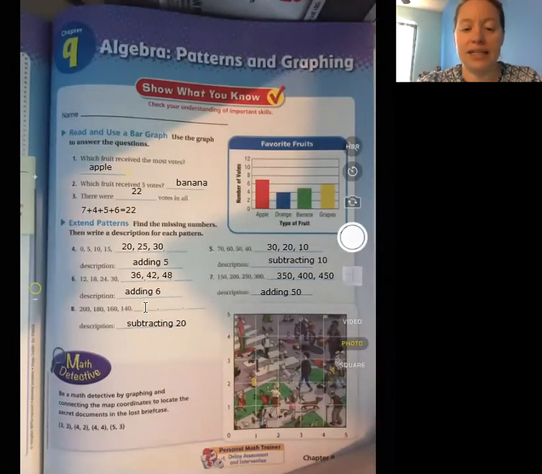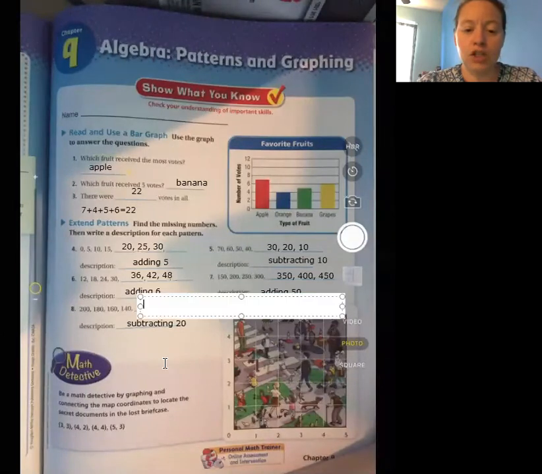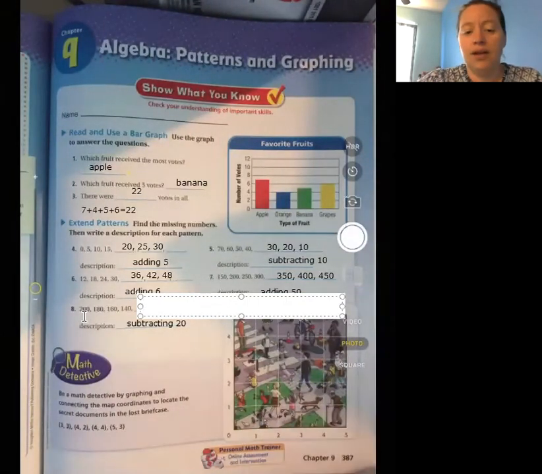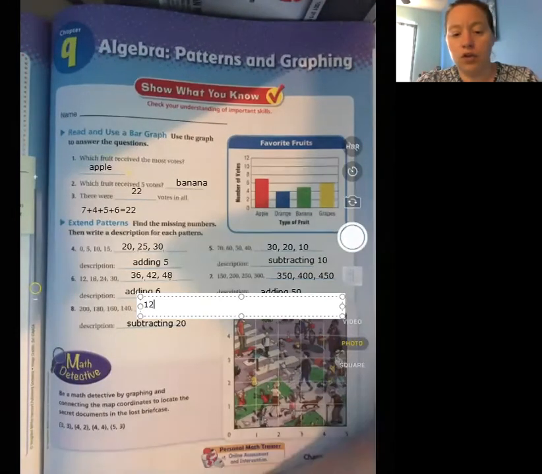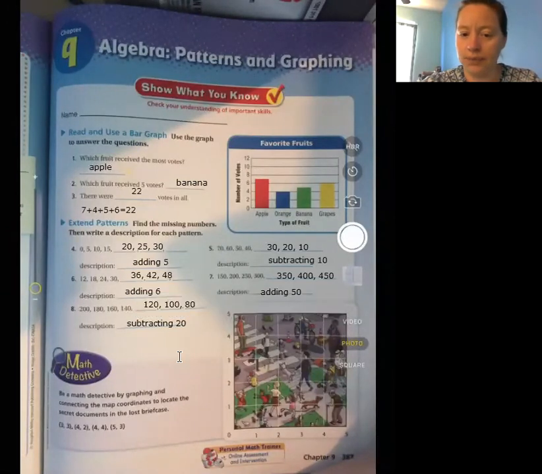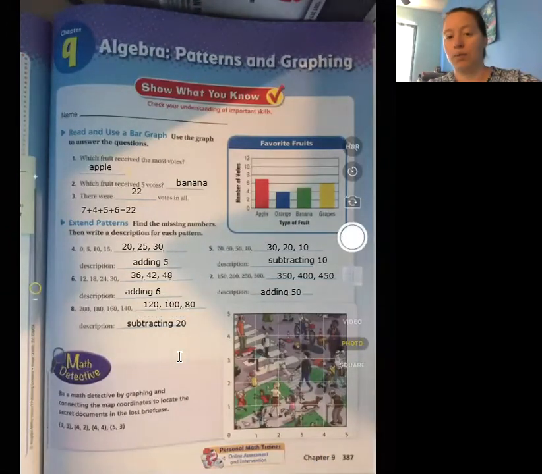Subtracting by 20. So we can look at this like we're taking away 2's each time. So the 20, 18, 16, 14, 12 with the 0, 10 with the 0, 8 with the 0. Do you see? You can look at it that way when you're putting it together.